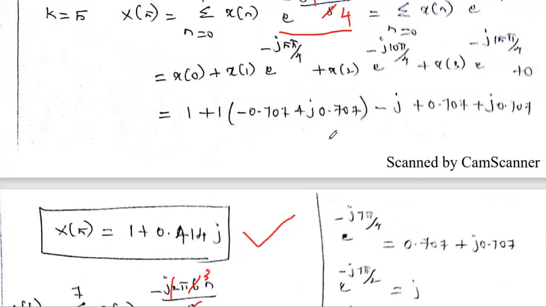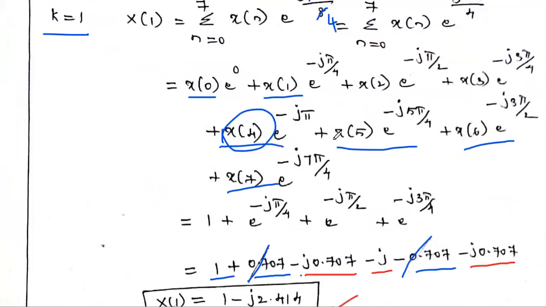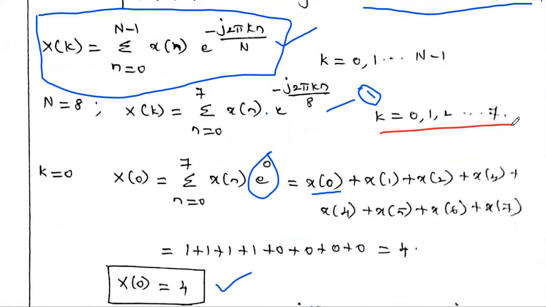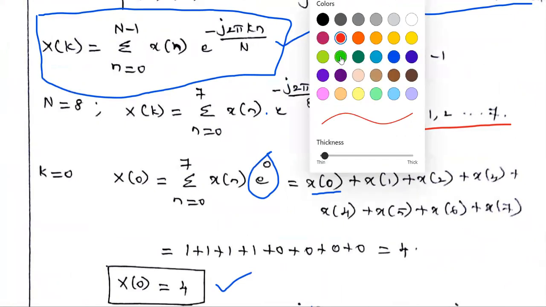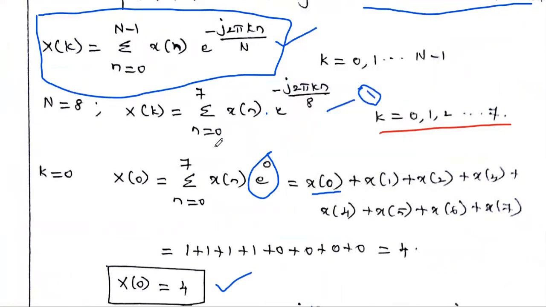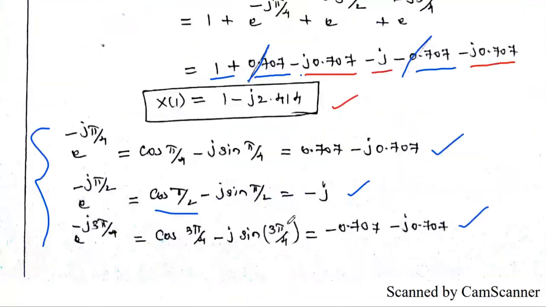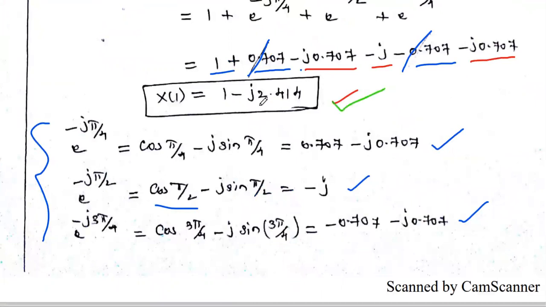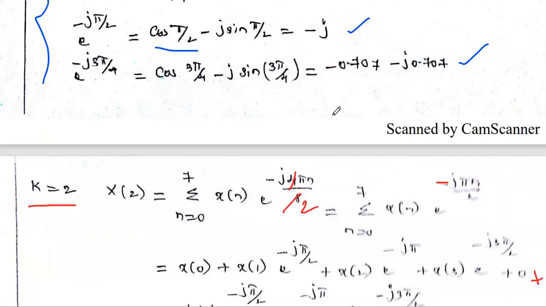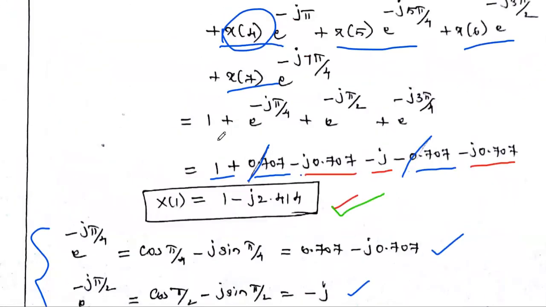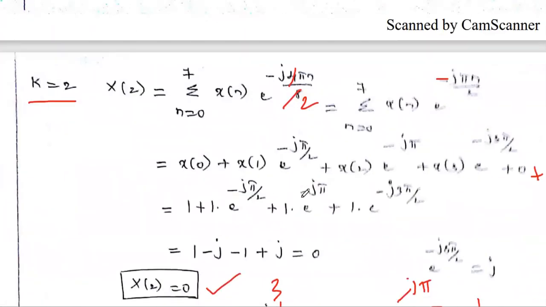Okay, so we calculated the x of k values, for k from 0 to 7. That is the first thing we calculated. You see, x of 0 value is 4, and x of 1 is 1 minus j 2.414.